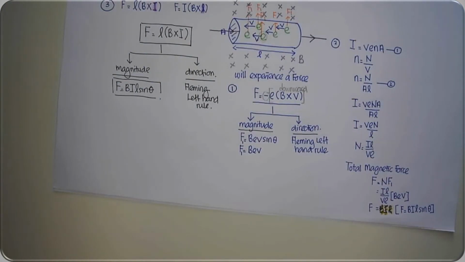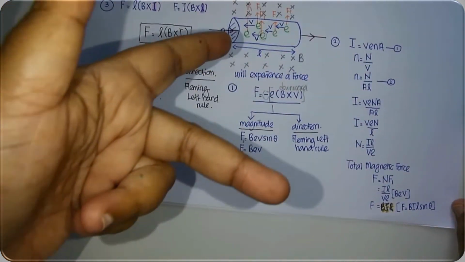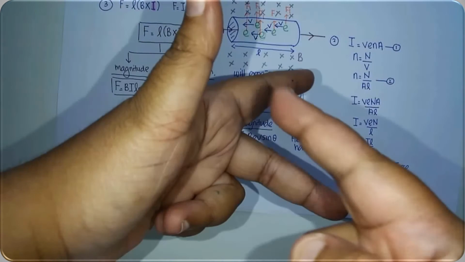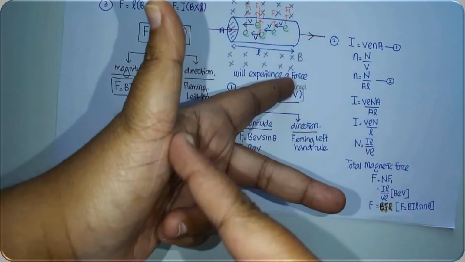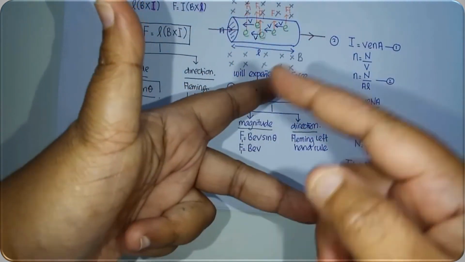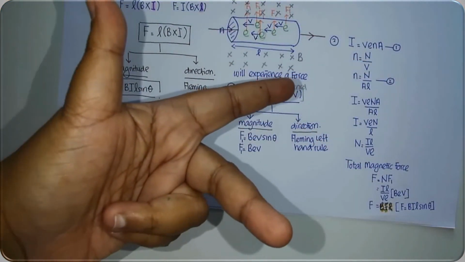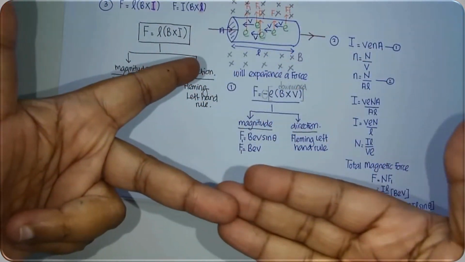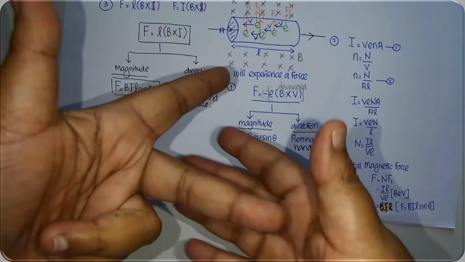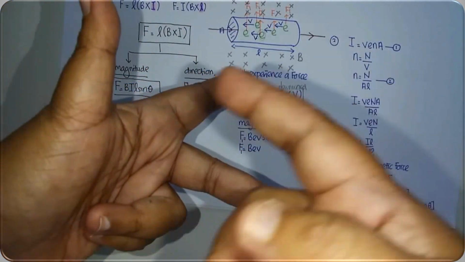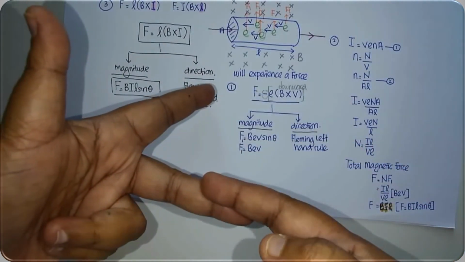Now use your left hand. The thumb represents the direction of the force. The first finger represents the direction of the magnetic field. And the second finger represents the direction of the current. So this will be FBI.